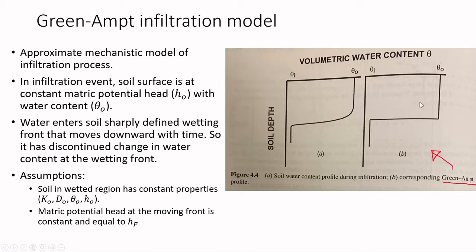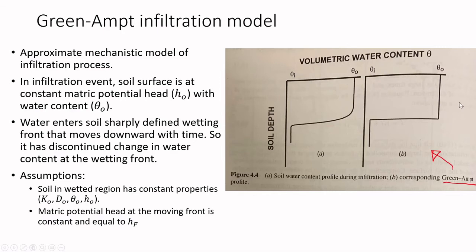But this Green-Ampt model gives you a water front that is very sharp. So it has a discontinuous change in water content at the wetting front. Suddenly we have water, full of water, then suddenly no water at all, or little water. The discontinuity happens here with the Green-Ampt model. So the assumption is that the soil in the wetted region has constant properties.